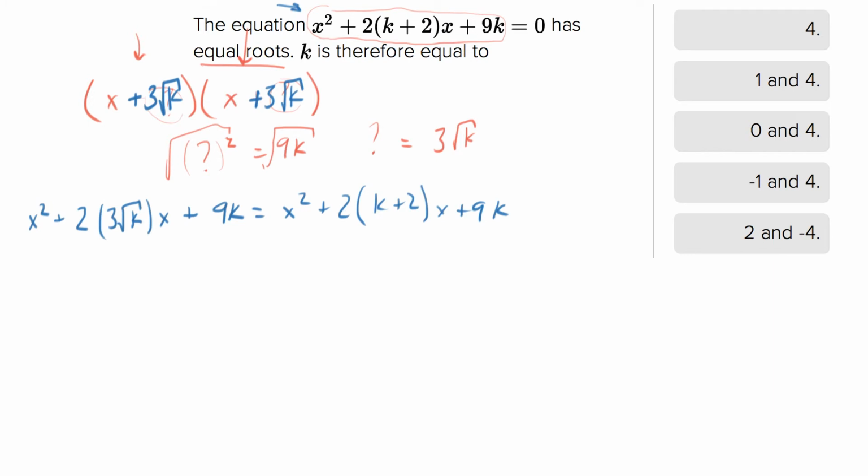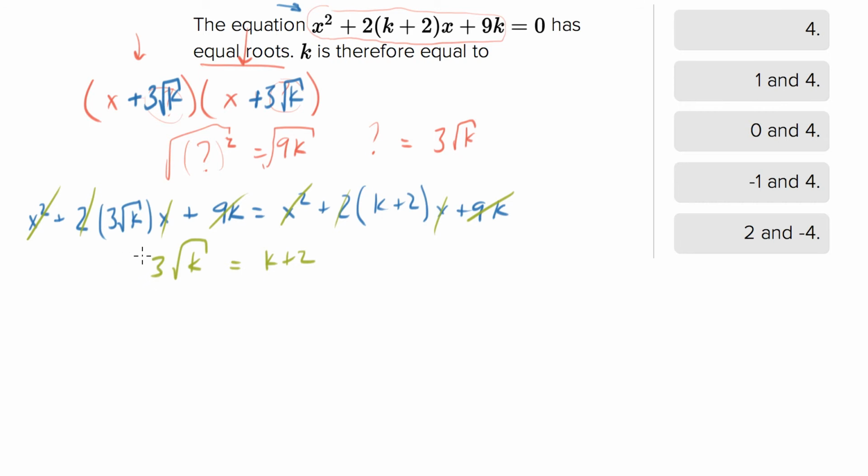There's a bunch of things that are similar in here, so let's go ahead and cross those out. The x squared terms we can cancel, the 9k we can cancel, and you can cancel the 2's and the x's. What it shows is that 3 root k must equal k plus 2. So we need to solve this, which means you've got to square both sides.